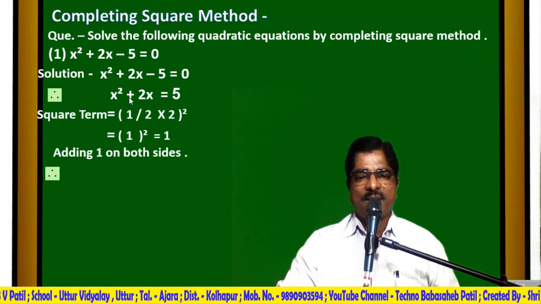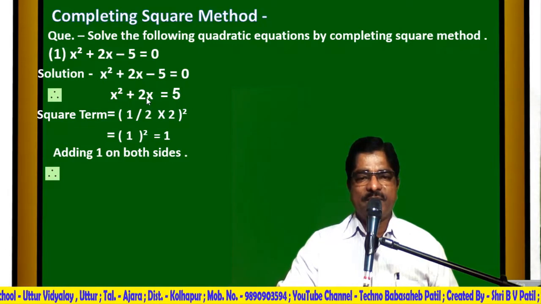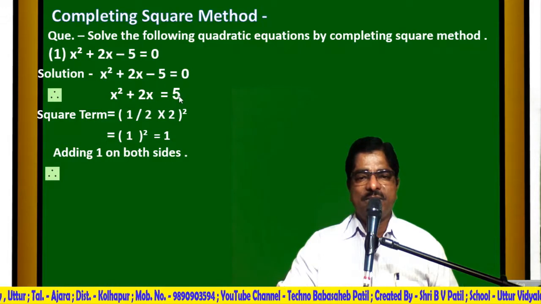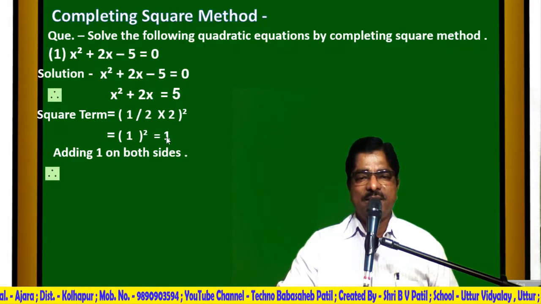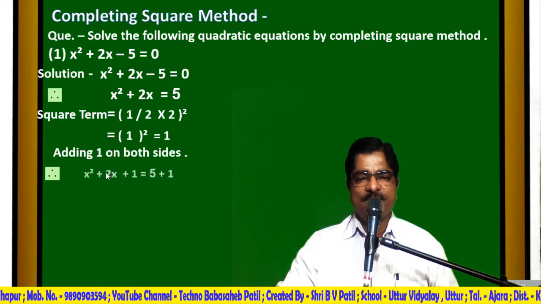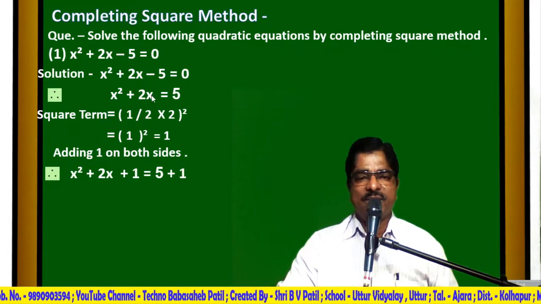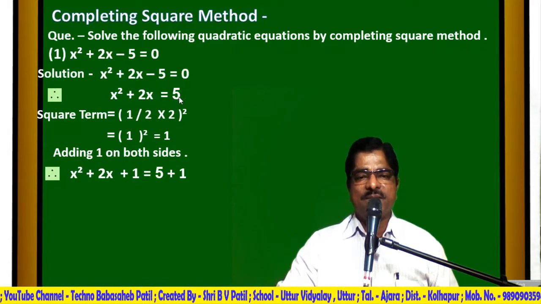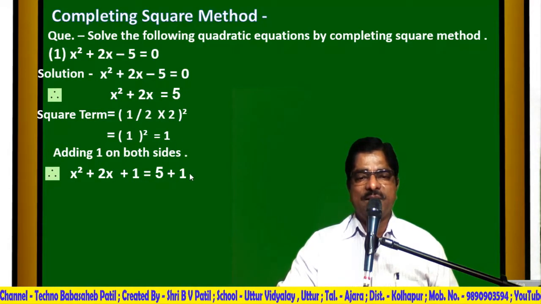Therefore, the left side is x square plus twice x plus 1, and the right side is 5 plus 1.